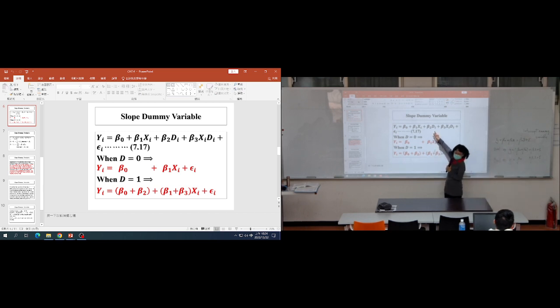With the D here, and also the interaction of X and D, beta 2 will affect the intercept as usual, but the interaction term beta 3 will affect the slope. So the D here is not only the intercept dummy variable, but also the slope dummy variable, because it affects the slope. Look at this one.